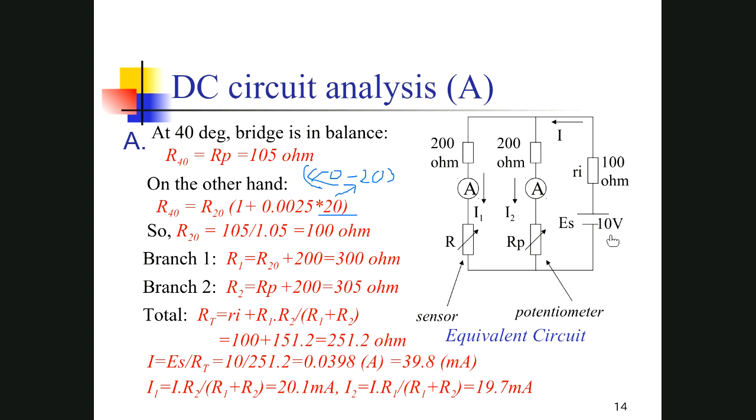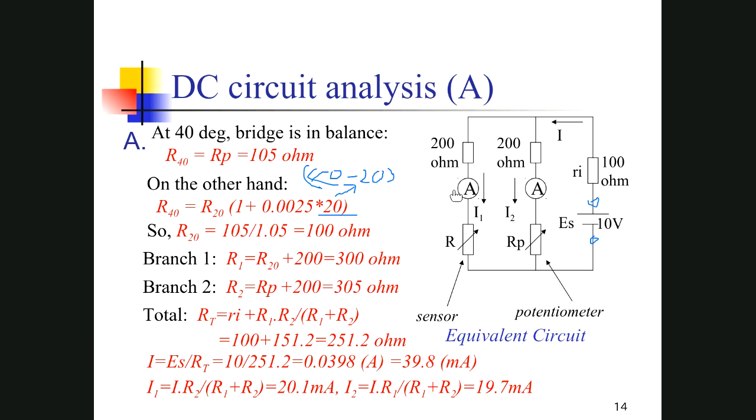Looking into the system from the two terminals of the source, the total resistance is Ri, 100 ohms, in series with the two branches in parallel.